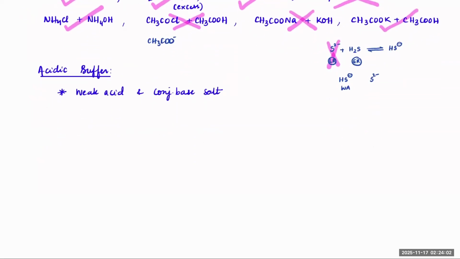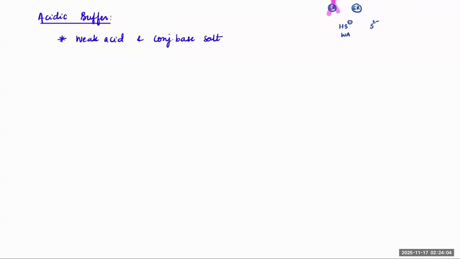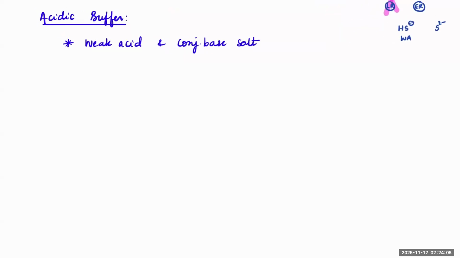So now let's see. If you have an acidic buffer, it means we will have a weak acid and a conjugate base salt present in it. Let me take one example here. For instance, a combination of CH3COOH with CH3COO minus Na plus salt.